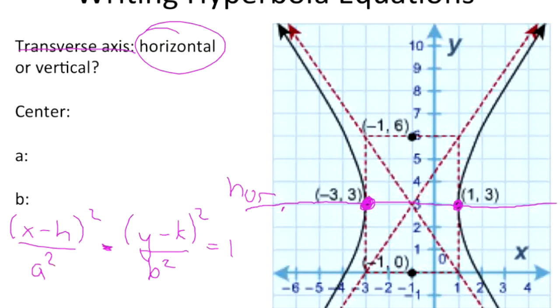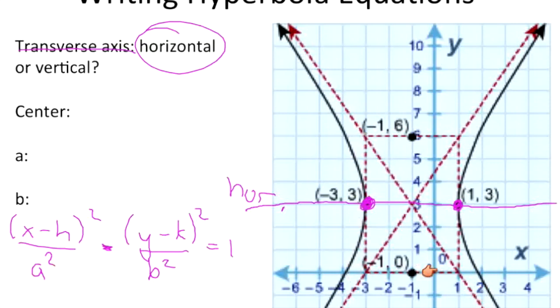From here, our steps are the same. Just like what we did with an ellipse, we're going to do with the hyperbola. So we need to find the center. Do you see how if I didn't have any of these red lines, it'd be really hard to find the center of these two curved shapes?